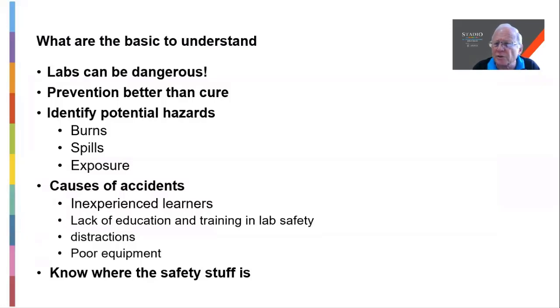And exposure to, you know, various radiations, exposure to mercury fumes. You shouldn't be using mercury in a science laboratory. And that little thing we do with the mercuric oxide, or used to do, we don't do it anymore, basically because of the exposure to the fumes. The causes of accidents are inexperienced learners, lack of education, distractions, the horseplay that goes on.